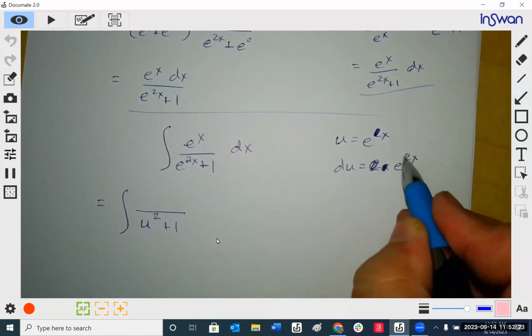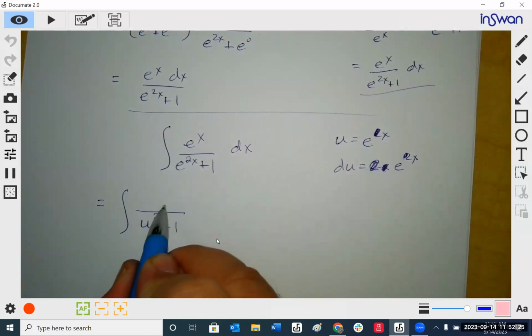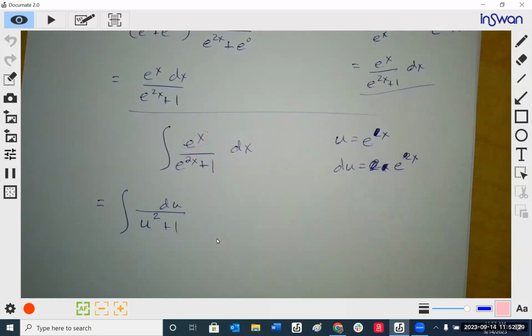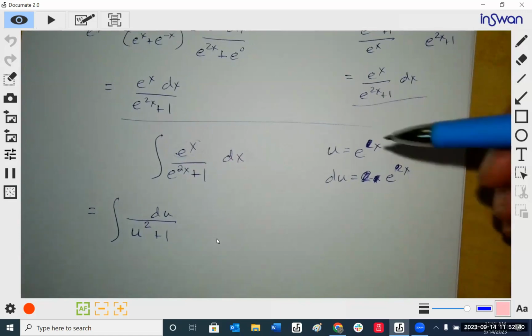Therefore, if we did this, then we just have du on top, e to the power x. That'll work if we did that.